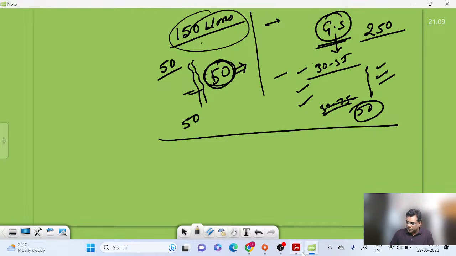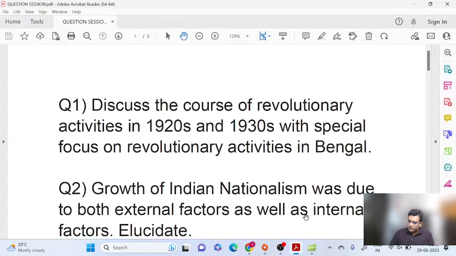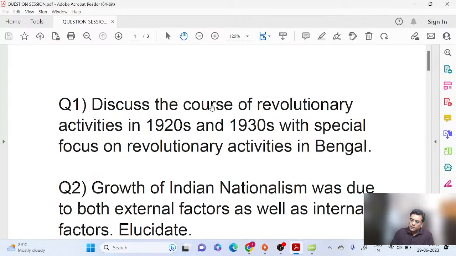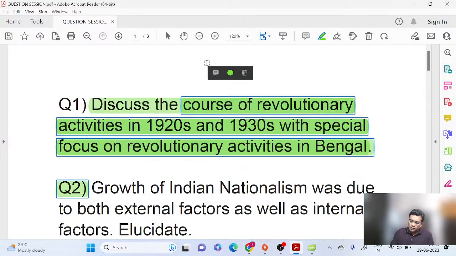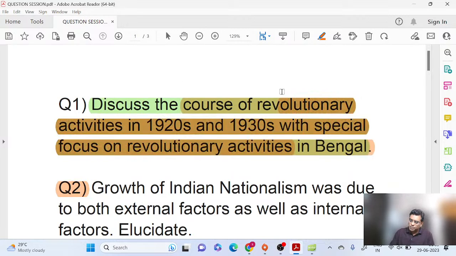Suppose I am taking some example. This is the question. Suppose: discuss the course of the revolutionary movement in 1920s and 1930s with special reference to Bengal, right?